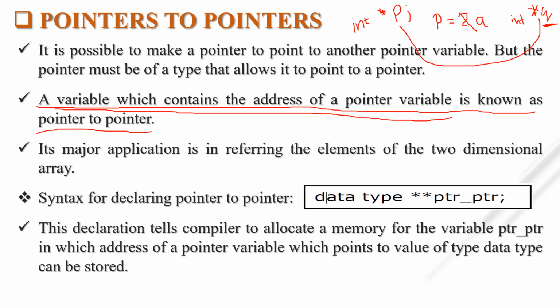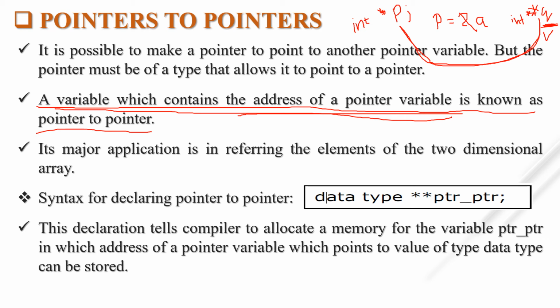So q will store the address of this pointer p, then and only then can we say this q is a pointer to pointer. For this we have to declare it with a double star. Why double star? Because the compiler will then know that q will store the address of another pointer.